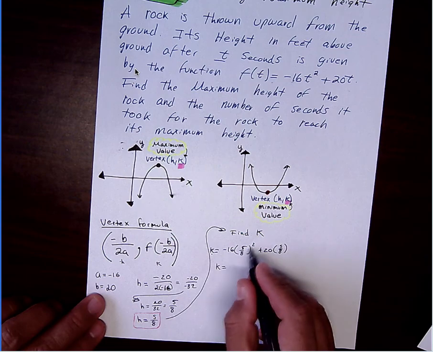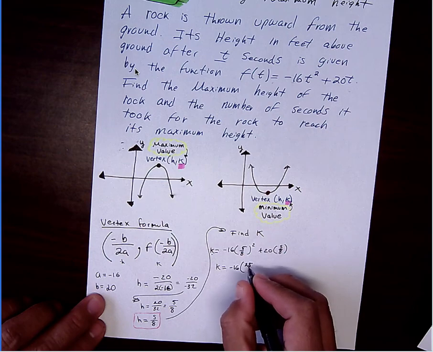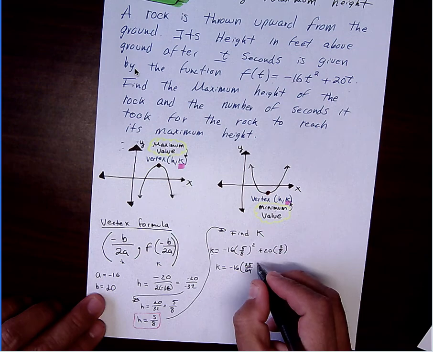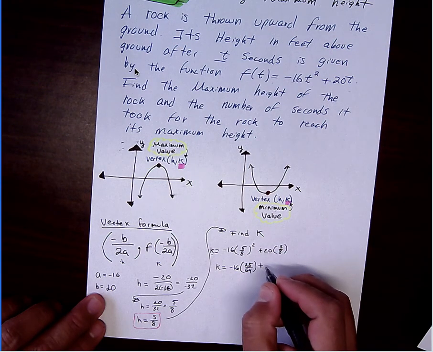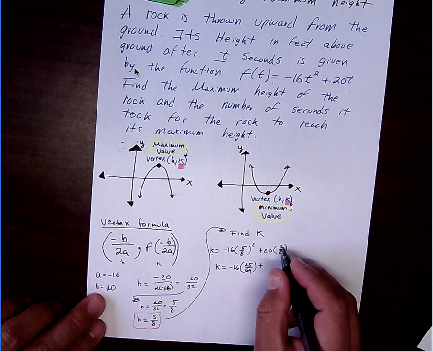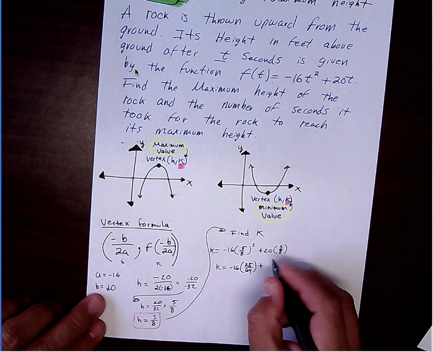When you simplify these, this would give you negative 16 times 25 over 64. Plus, if you multiply 20 times 5, that would be 100 divided by 8, and that gives you 25 over 2.